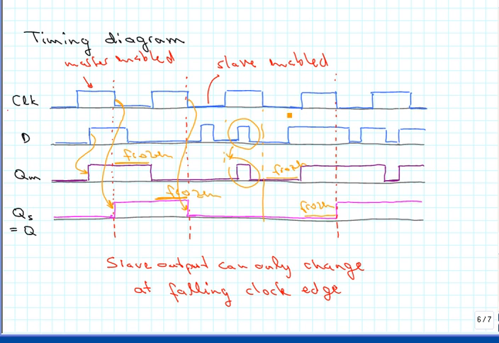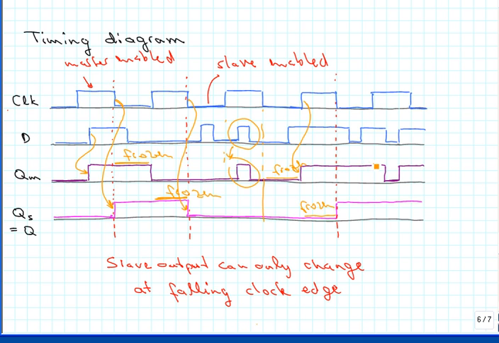And then during that high period here, the data happens to be high, and so the master is following that. So there is this enabling here of the clock that enables the output of the master to go high.